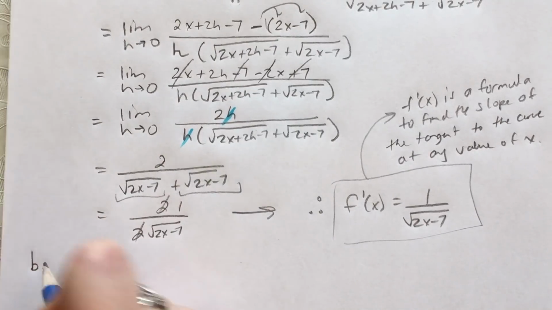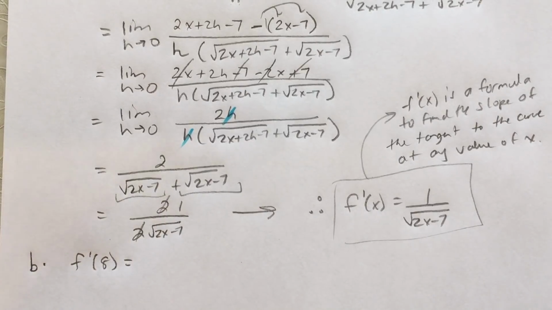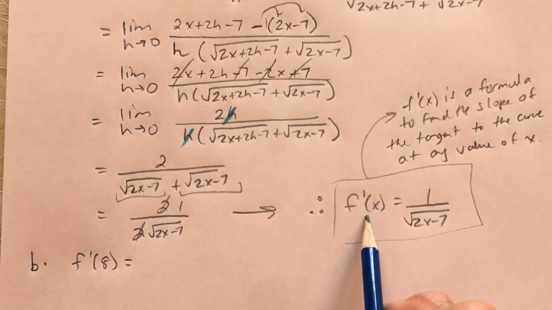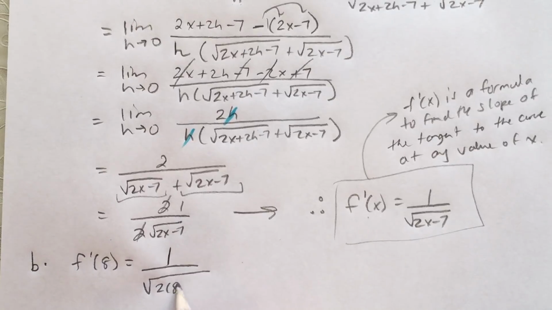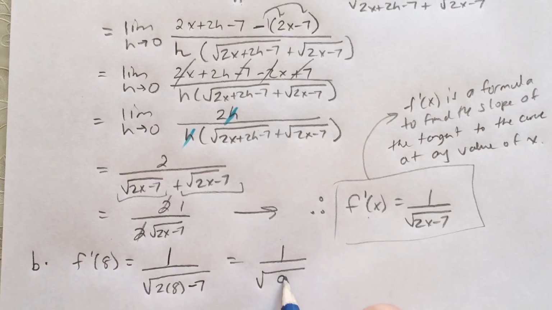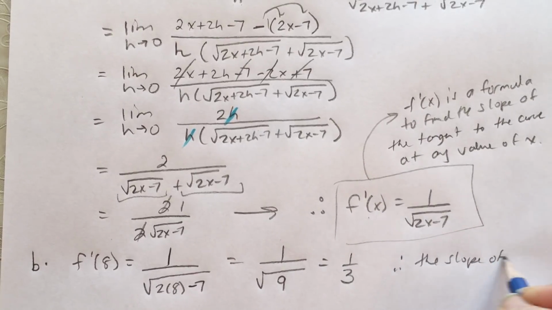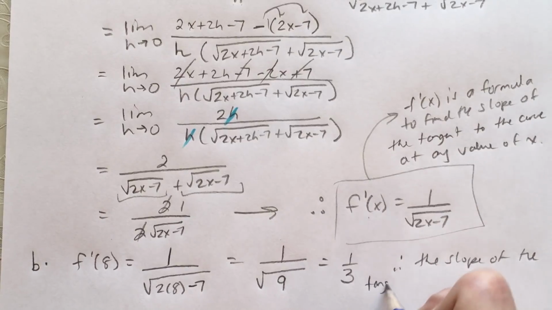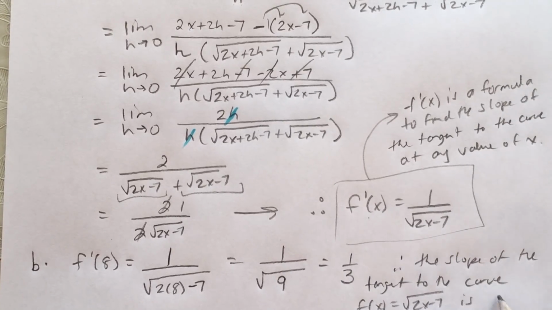Part B says find f prime at 8, and also to explain its meaning. So f prime at 8, we're going to use our formula for f prime at x. Just replace x with 8. So that's going to be 1 over the square root of 16 minus 7, 9, which is going to be a third. So what does that mean? Therefore, the slope of the tangent to the curve f at x equals root 2x minus 7 is 1/3.